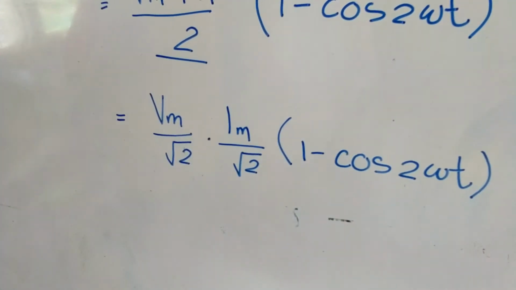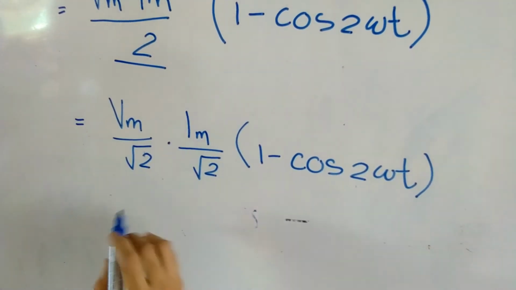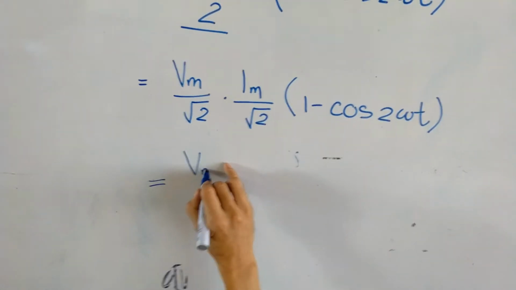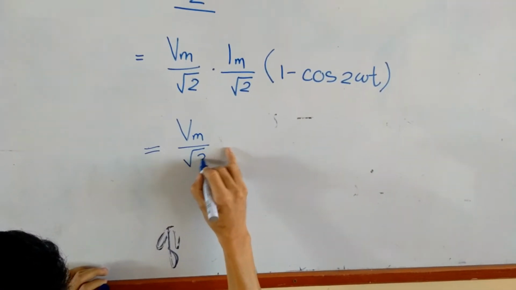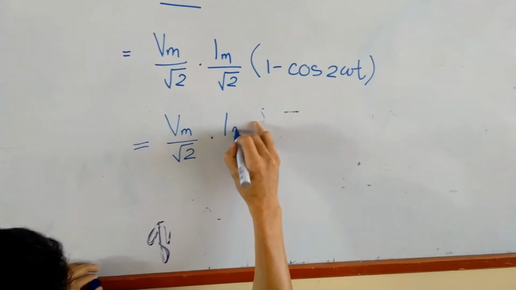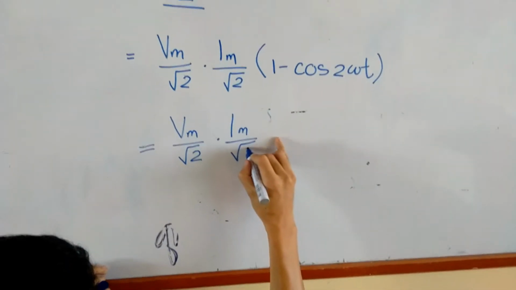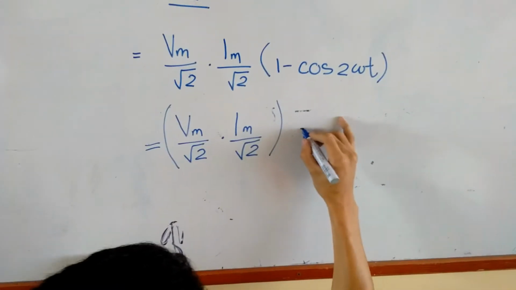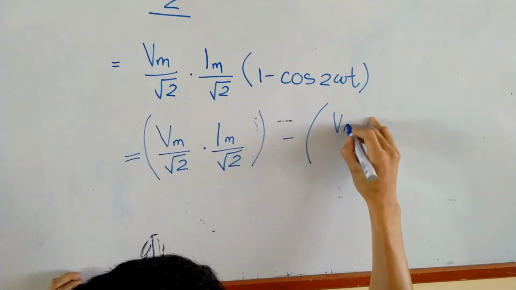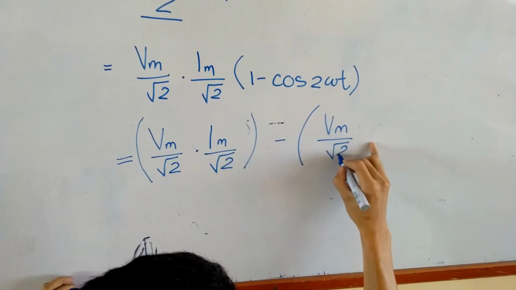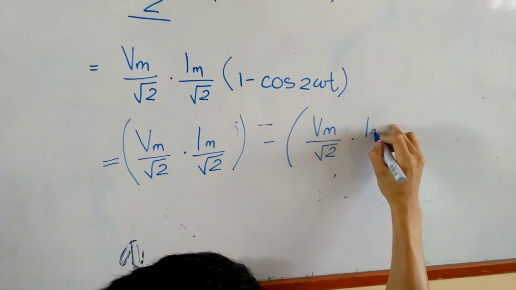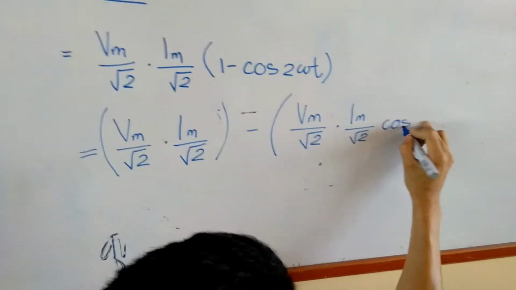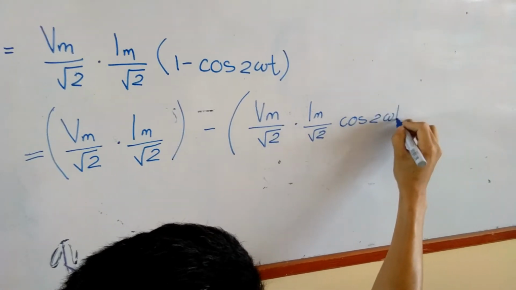Now, by the distributive property, it is equal to Vm over square root of 2 times Im over square root of 2, minus Vm over square root of 2 times Im over square root of 2 times cosine 2 omega t.